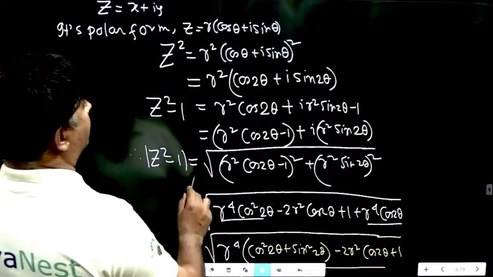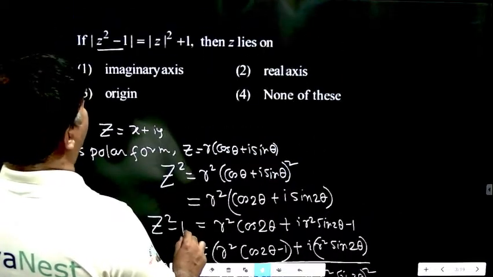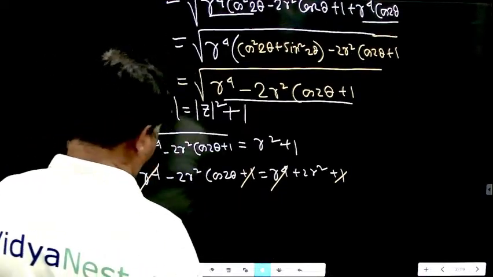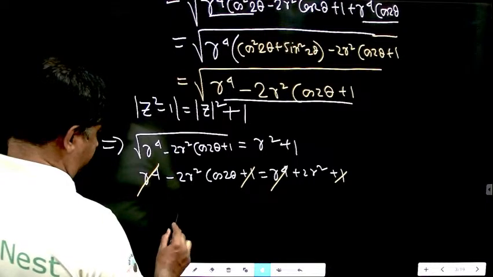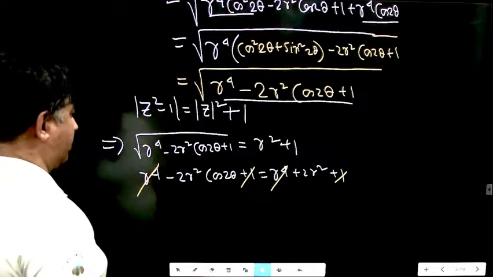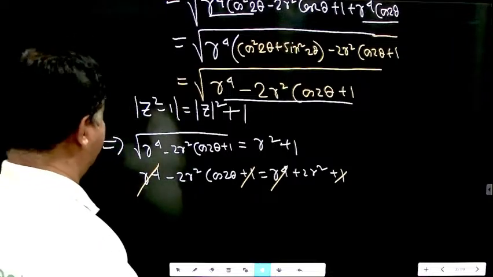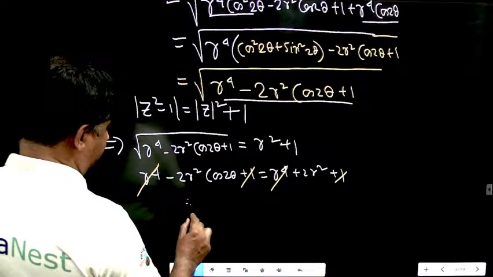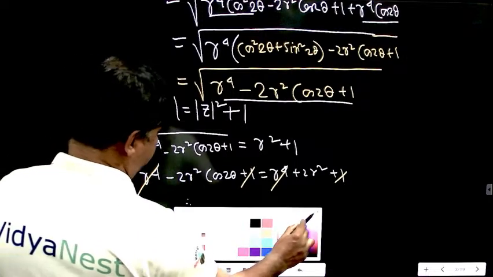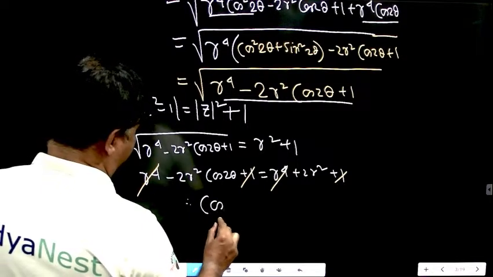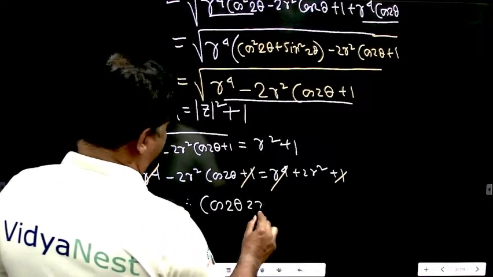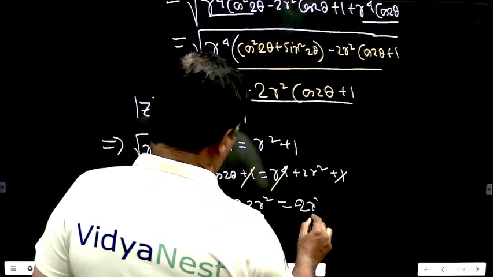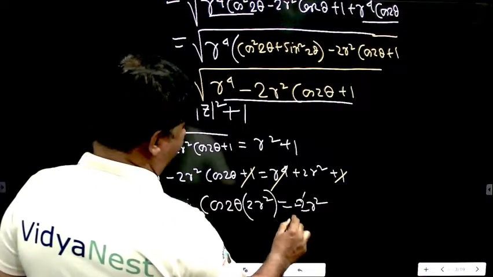See, we had z square plus 1. Okay. So, what is left for us? Cos 2 theta 2r square is equal to minus 2r square. That part will be dropped.